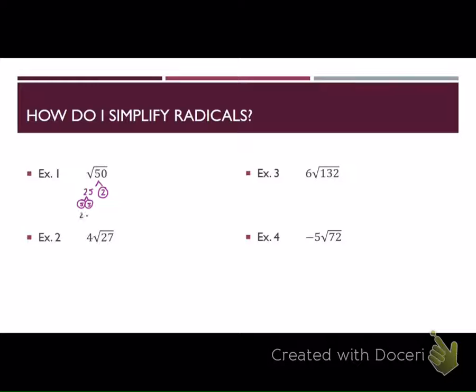So we have 2 times 5 times 5. So we look for our partnerships. Do we have any partners? 5. Okay, so how does that write up when you simplify it then? Perfect. So you take 1 from the circle, and it goes to the outside, and the one that does not have a partner has to stay on the inside.